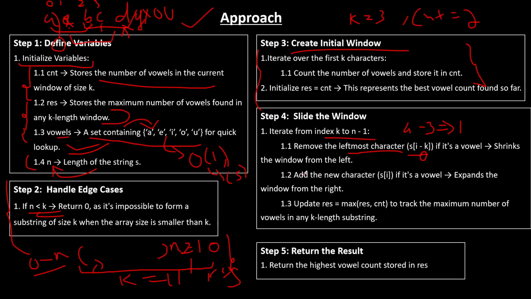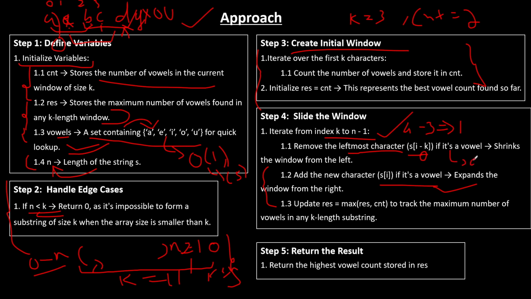So this is how we keep removing the first index value from the window. And when we add the new character, we check if it is a vowel or not. If it is a vowel, we increment the count. But when we are throwing out a character, we also have to check if it is a vowel. If it is not a vowel, we don't touch the count.